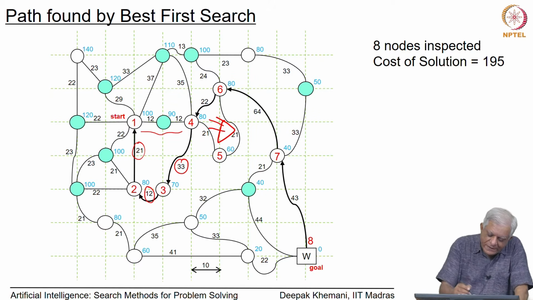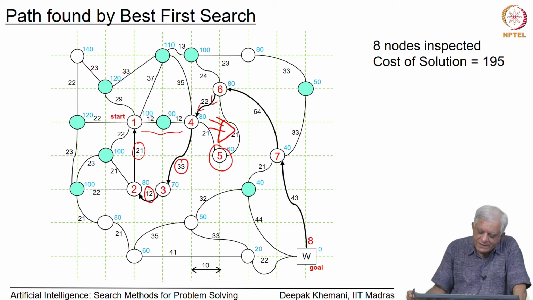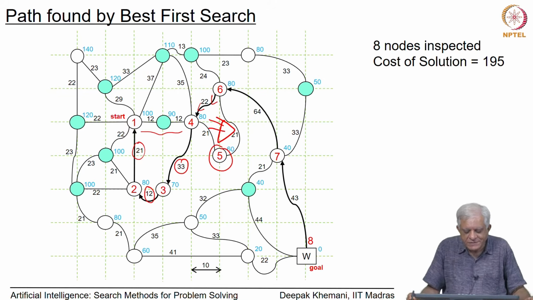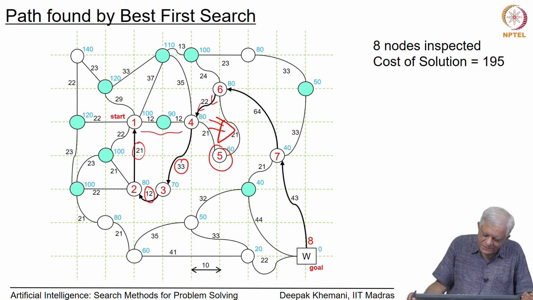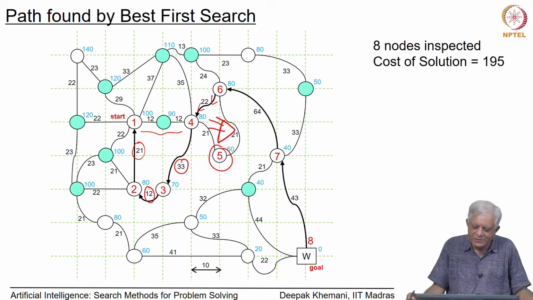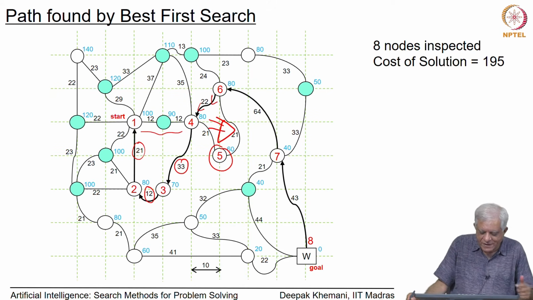Also observe that the path that it did explore was this node number 5, but the path to node number 6 is actually through node number 4, because 6 would have been generated as a child of 4 first essentially. So, in that sense it keeps track of who was the parent, and therefore, the path reconstruction algorithm will trace back the parents, and therefore, this is the path it has found.